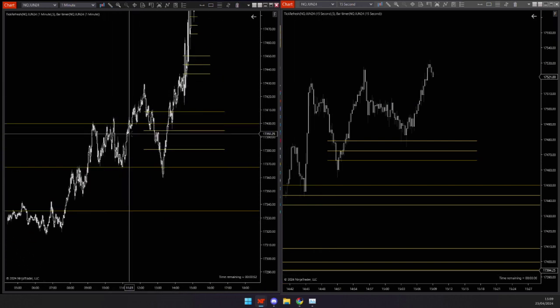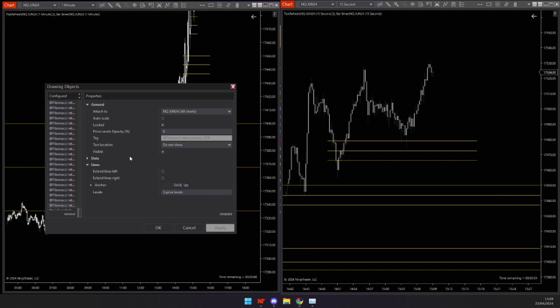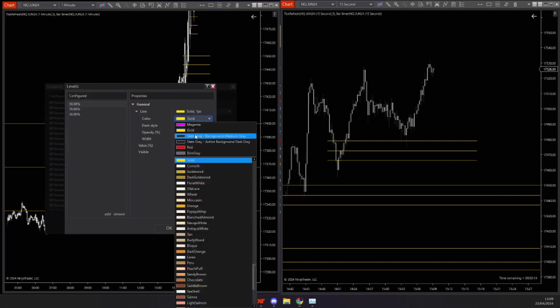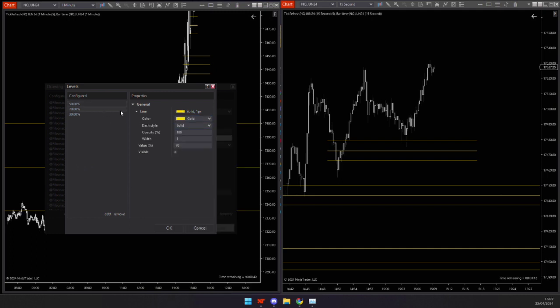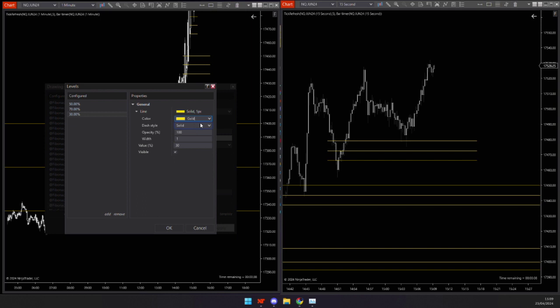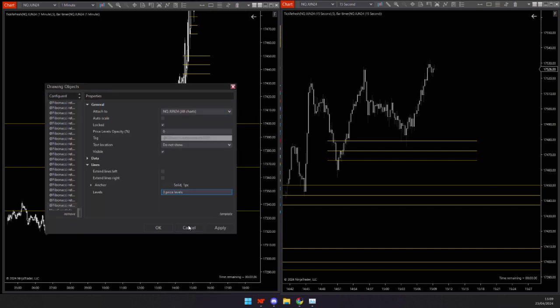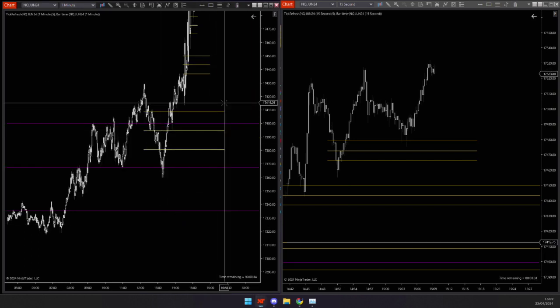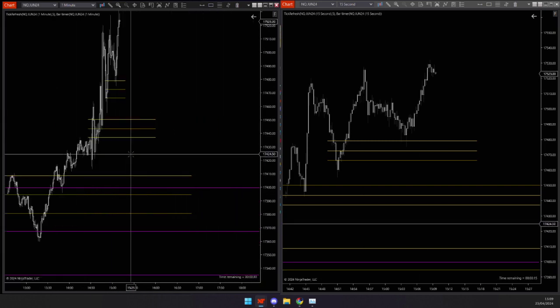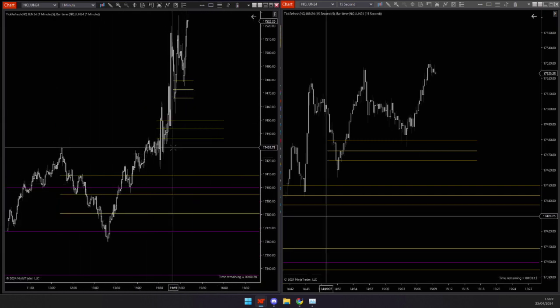I'll make these different colors real quick. Like this one, I'll just make it white. Oh, I'll just make it purple. That's the first thing I see. So this purple is the higher time frame. Okay, cool.